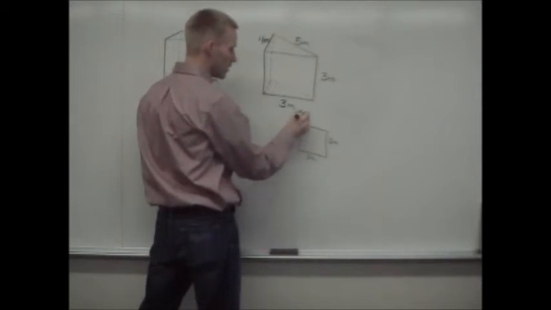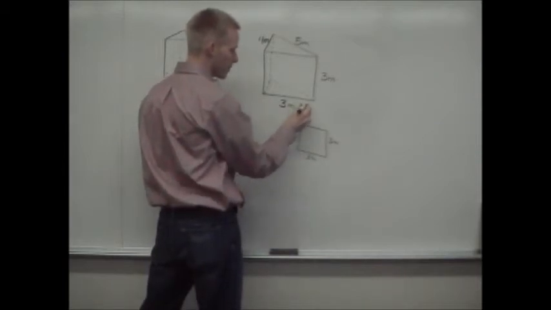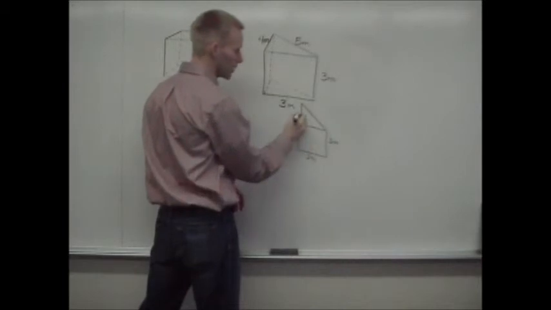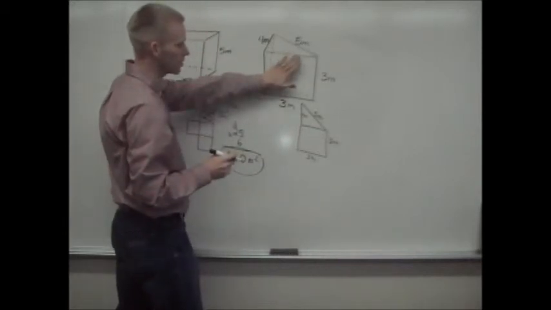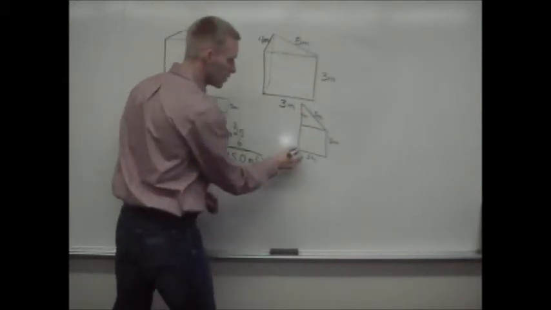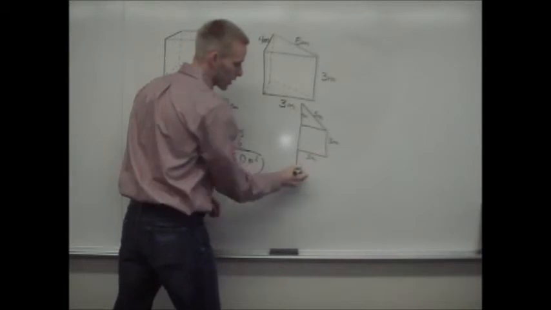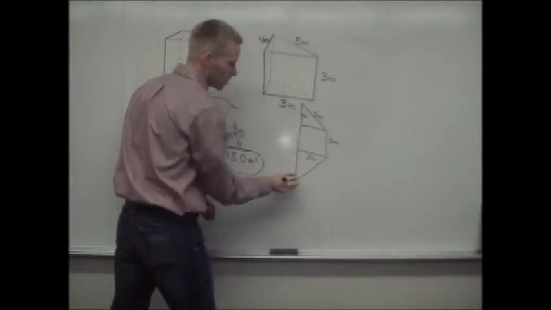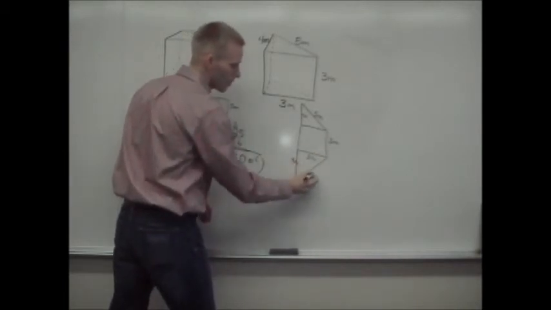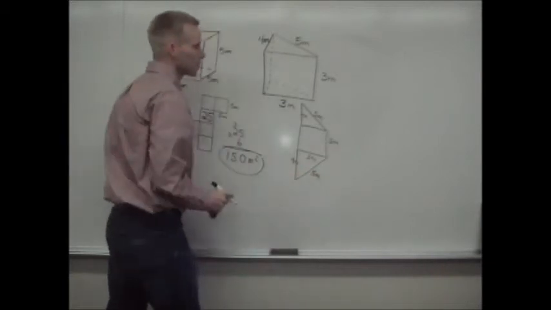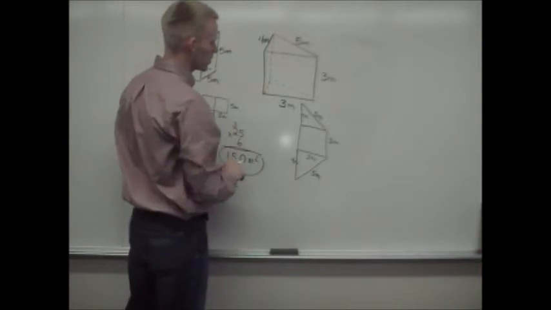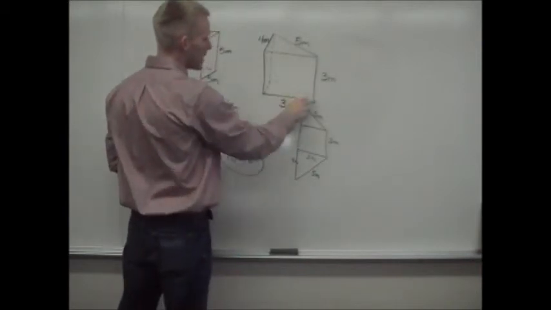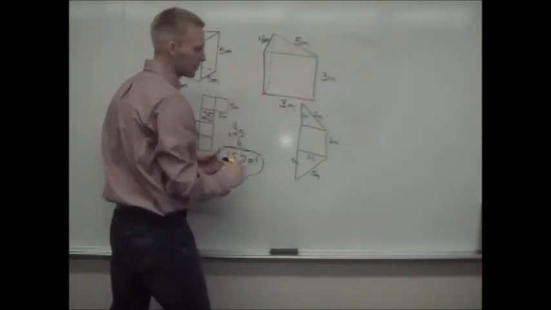That's going to be something like this. This is also connected to the bottom, which is another triangle. And this front is connected to the back, which it looks like is going to be a 5 by 3.